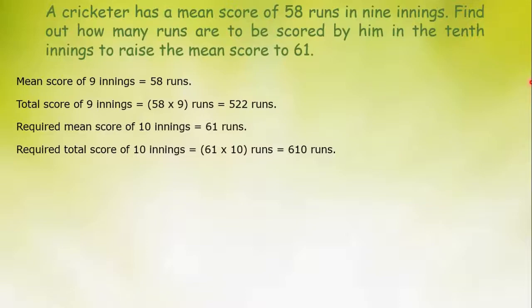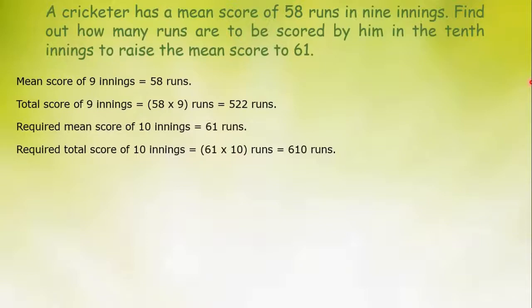Yes, it is 61 times 10, 610 runs. So, to get a mean score of 61 runs, the cricketer needs to score 610 runs as total. But after 9 innings, how much did he score? It is only 522 runs.